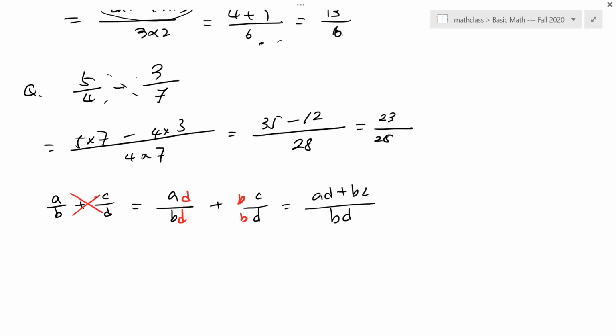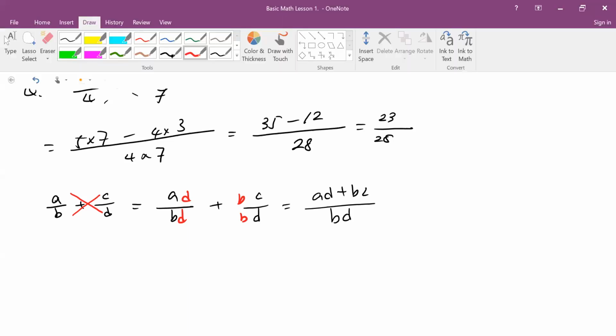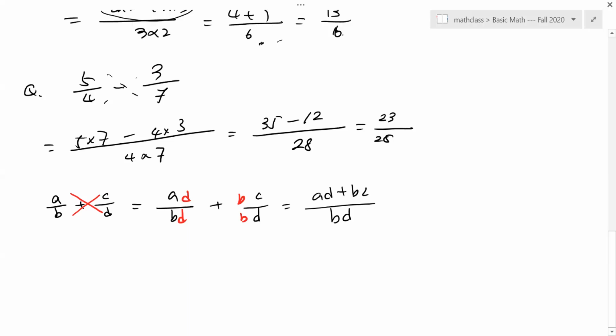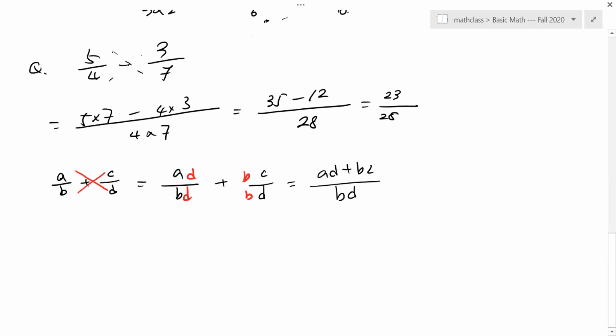Okay. So you can use this formula to add two fractions together or do subtraction. Okay. For example, 7 over 5 plus 3 over 4, right? So how do you do that? Well, the denominator is the product of the two denominators.